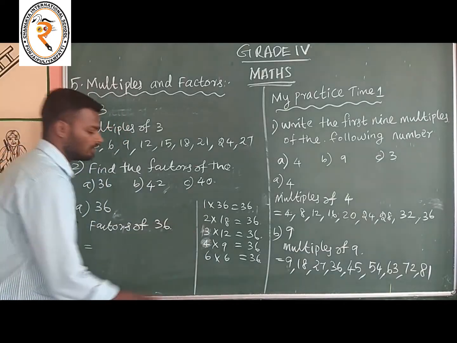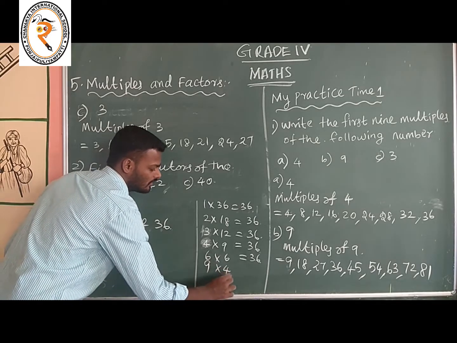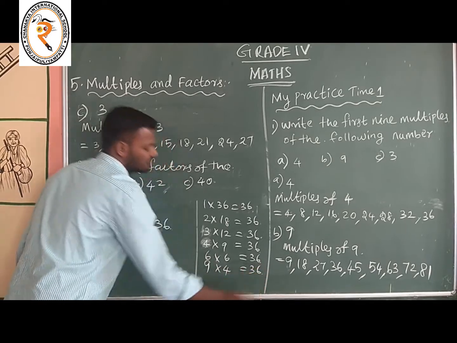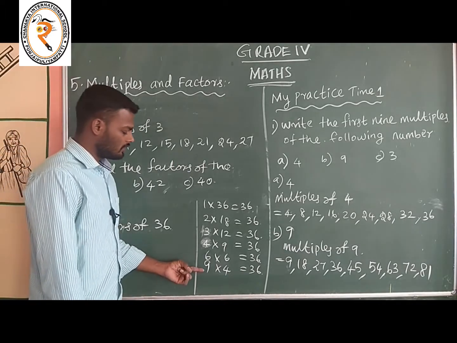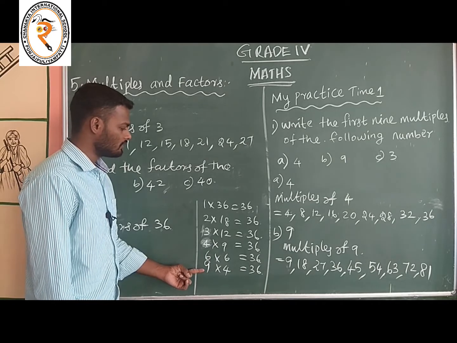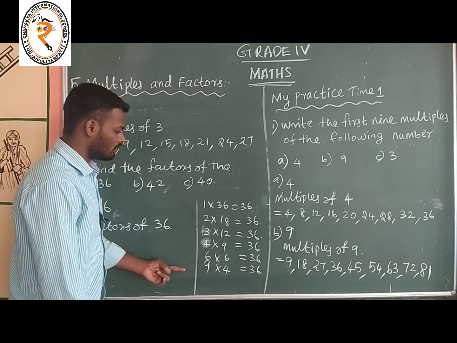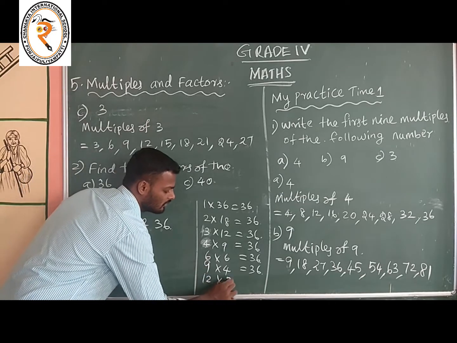Ninth table, 9 fours are 36. And the 10th table also does not come. The 11th table is also not coming. 12th table, 12 3s are 36.